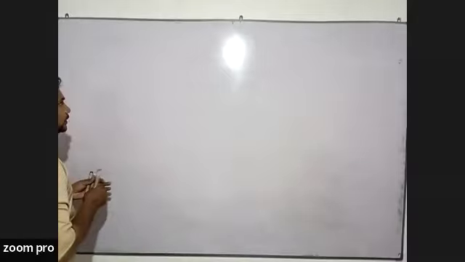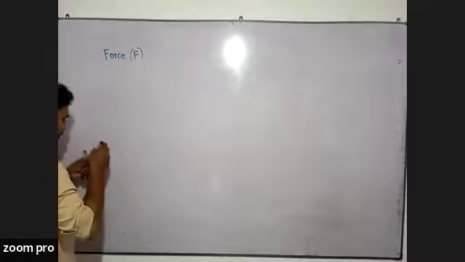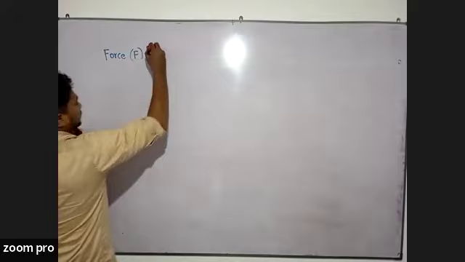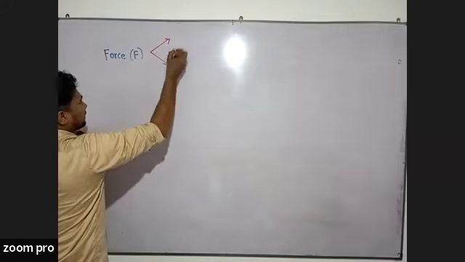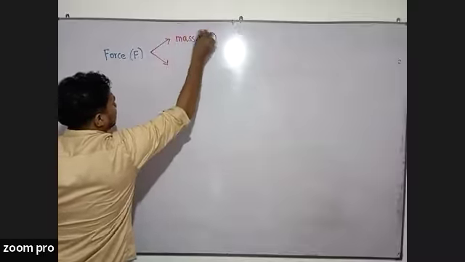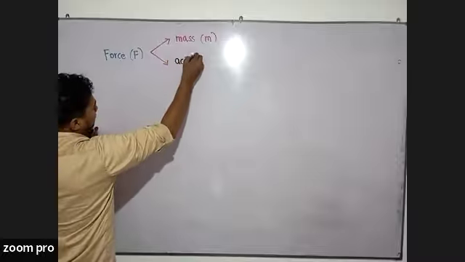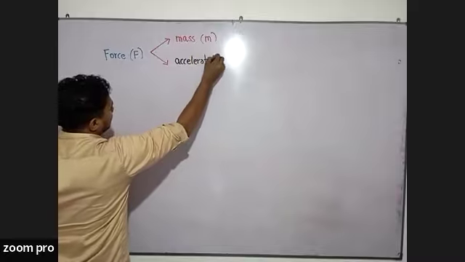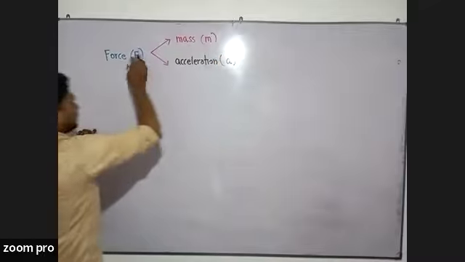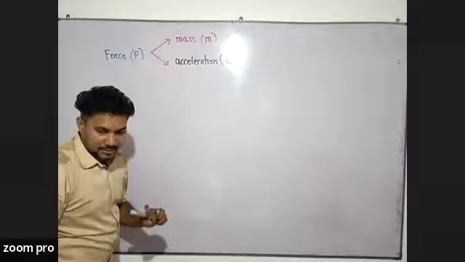Okay. Now, if you go through the question, you can figure out that the force exerted on an object depends on two factors, right? First one is mass, the other one is acceleration. So that means F depends on mass and F depends on acceleration.